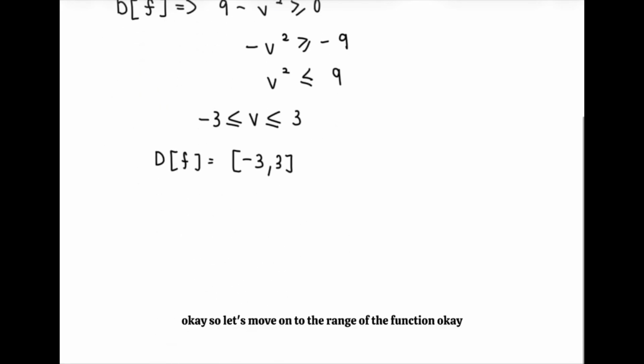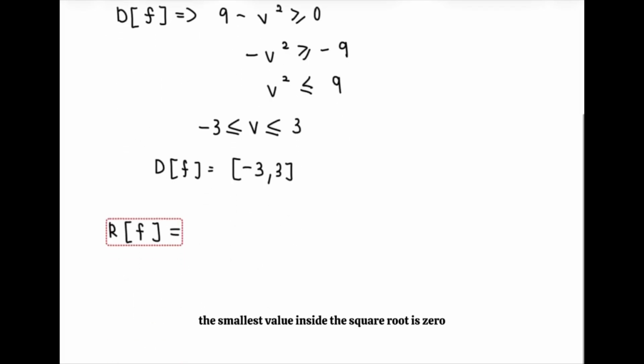Okay, so let's move on to the range of the function. If you notice here, the smallest value inside the square root is 0, which will happen when v is either negative 3 or positive 3. So let's substitute 3 and negative 3 into the function.